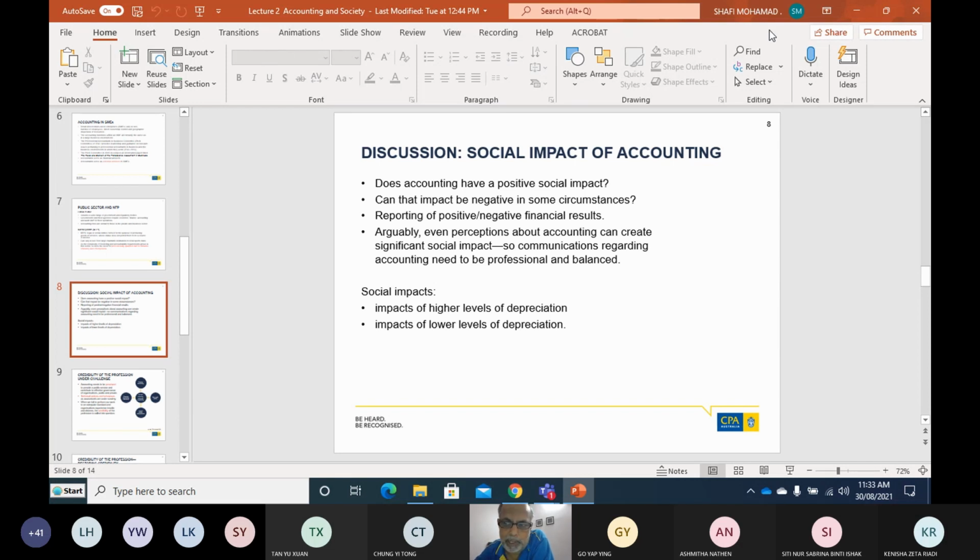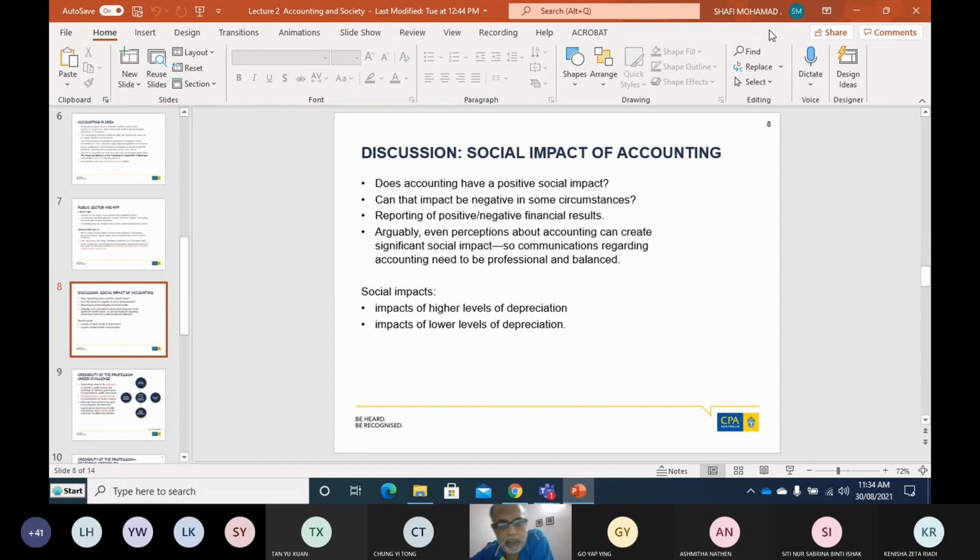If the profit looks like coming in less, we say, let's adjust the depreciation to make the profit higher. Let's make the depreciation lower. If on the other hand it is a bumper year and you're making good profit, but your employer says, yes, good profit, but then we have to pay so much to the Inland Revenue Board.